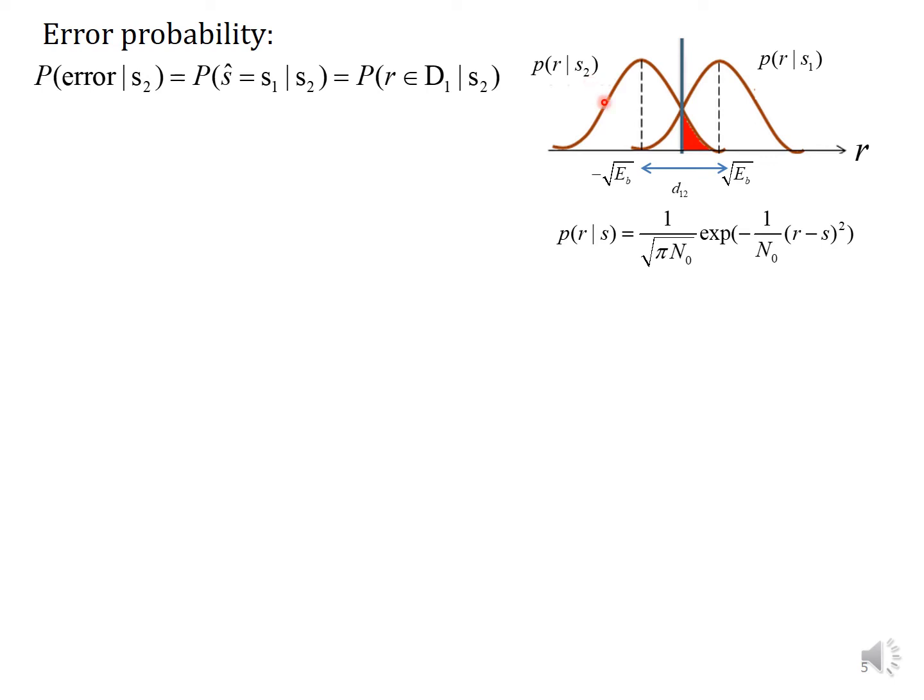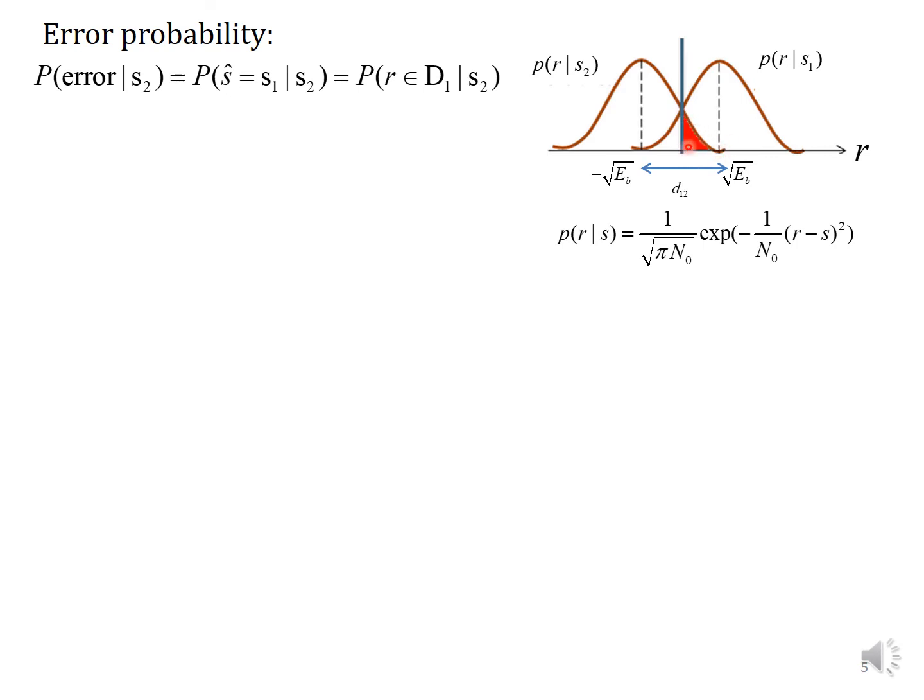The error occurs here, when the received signal R has a value that is closer to S1. S2 was sent, and here is the decision boundary, and the received signal is on the other side of the decision boundary.